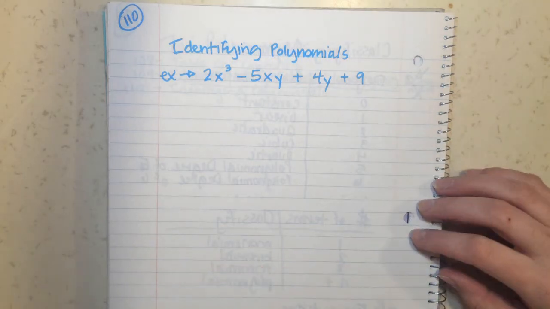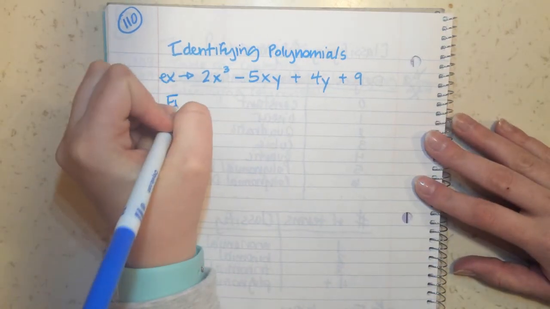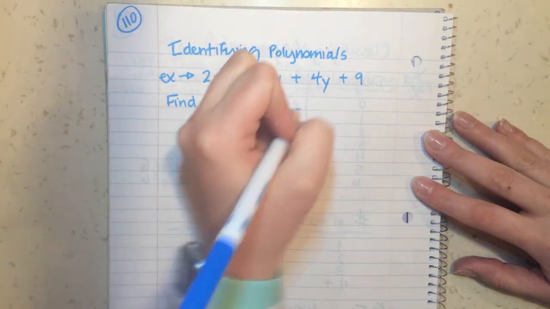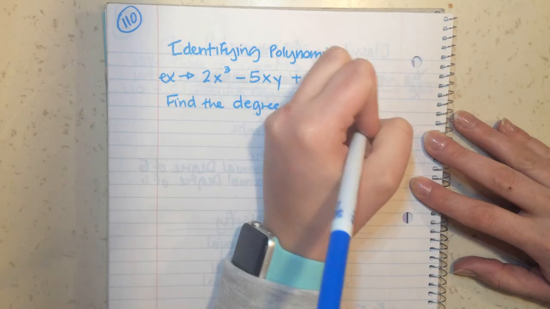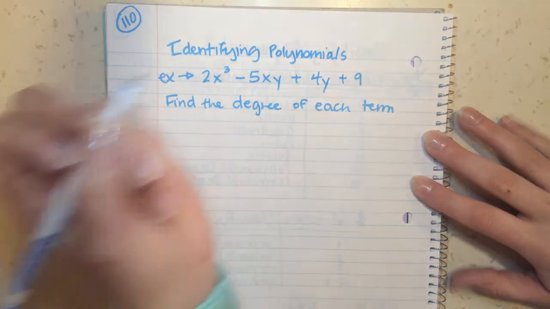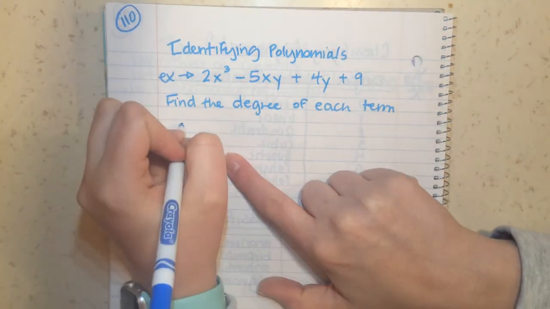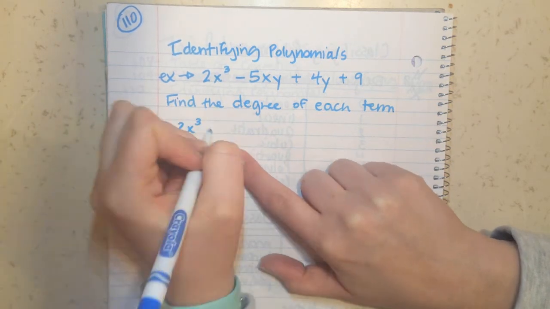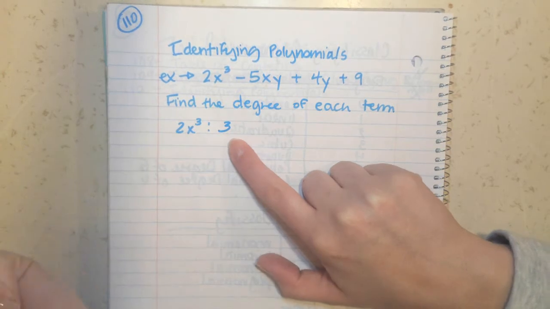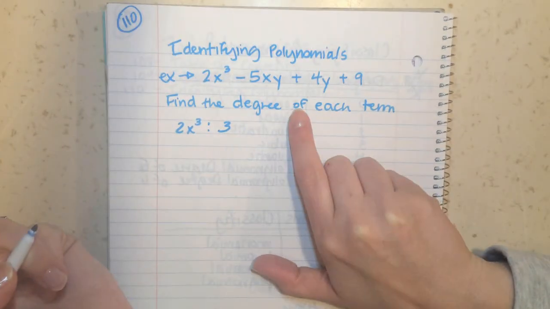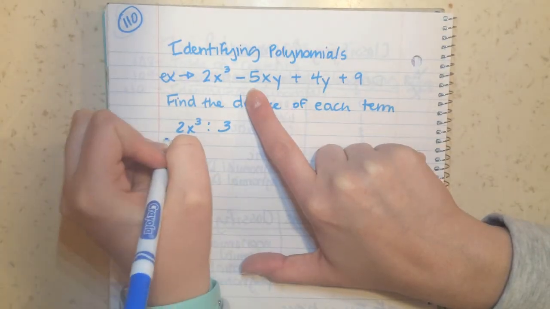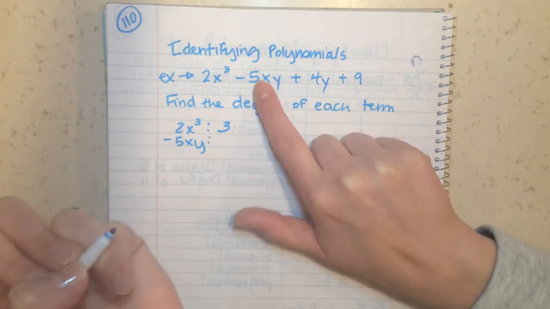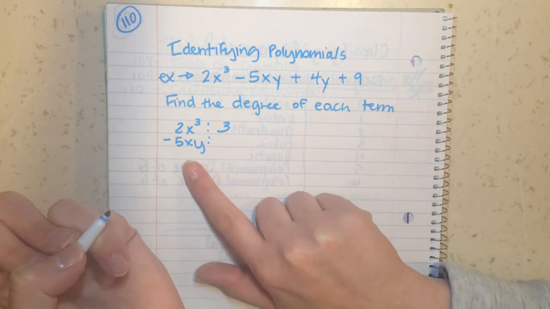If we wanted to find the degree of each term, we would have, so our 2x cubed, the degree is 3. The degree of negative 5xy, because remember, the sign in front of the term follows that term.